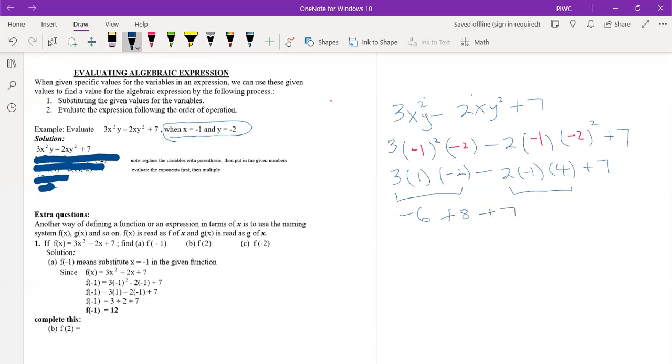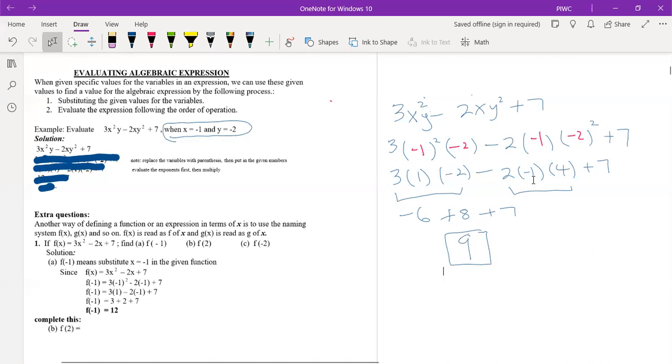Since we are adding, we can just go left to right. So we have -6 plus 8, which will be +2. +2 plus 7, sorry, and that'll give us +9. So when you evaluate this expression with the given numbers, you get +9. Okay. So that's how you evaluate expressions. You replace the variables with the given numbers and then simplify using order of operations.